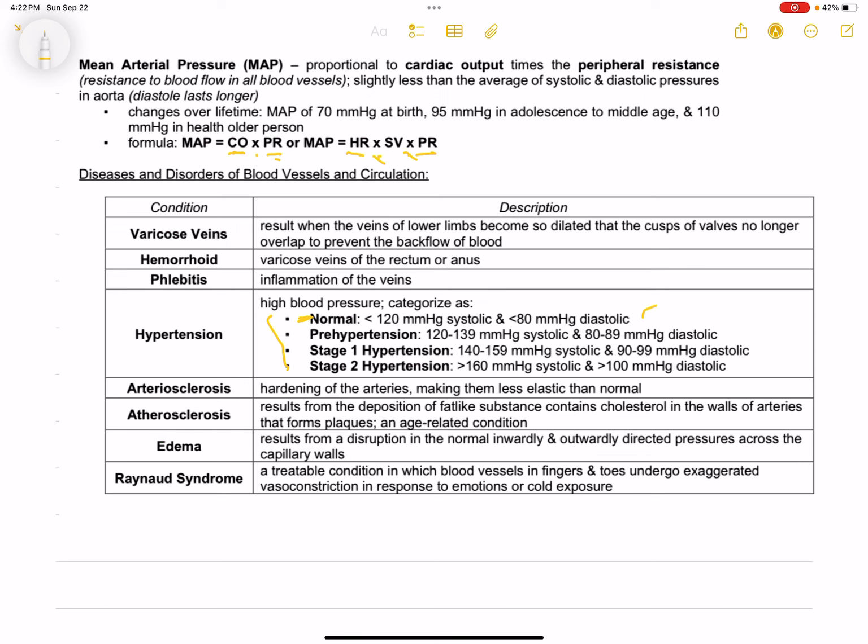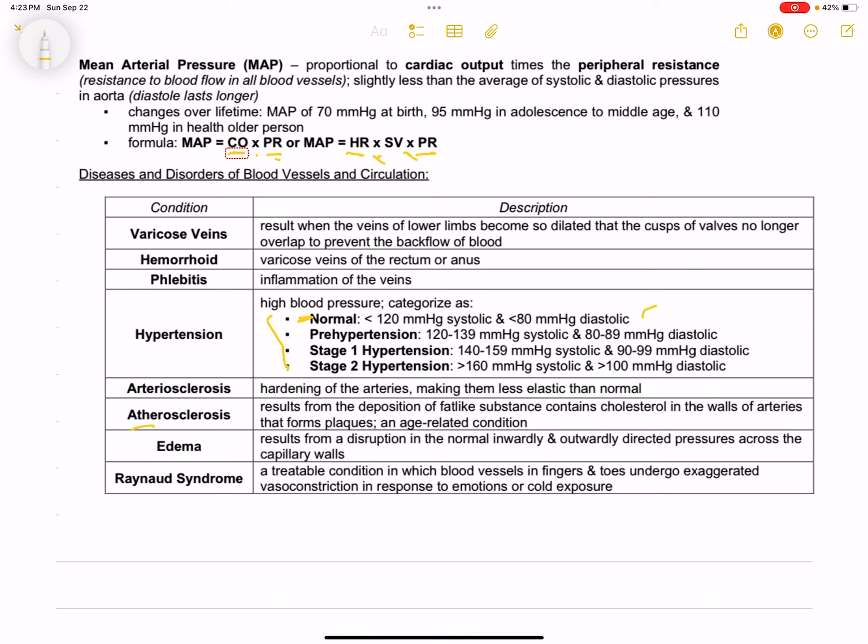So we have arteriosclerosis. Arteriosclerosis is hardening of the arteries, making them less elastic than normal. Atherosclerosis, on the other hand, is this one. It results from deposition of a fat-like substance containing cholesterol in the walls of arteries that forms plaques, an age-related condition.